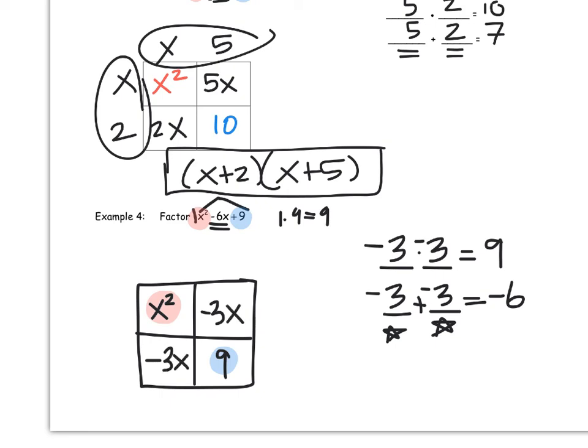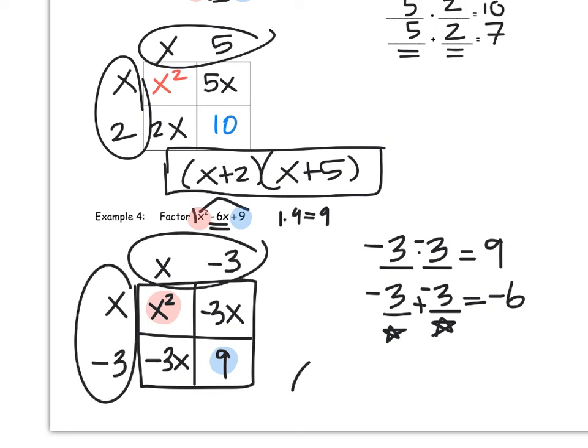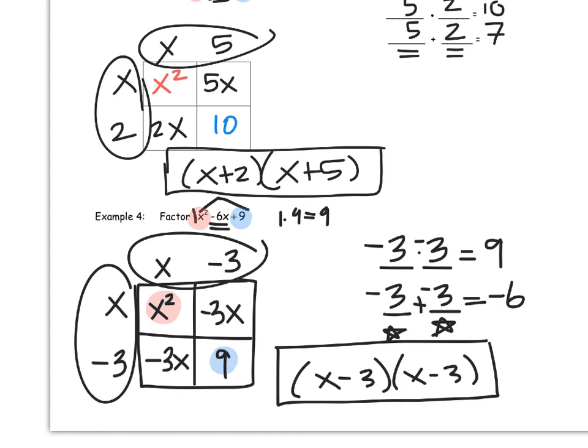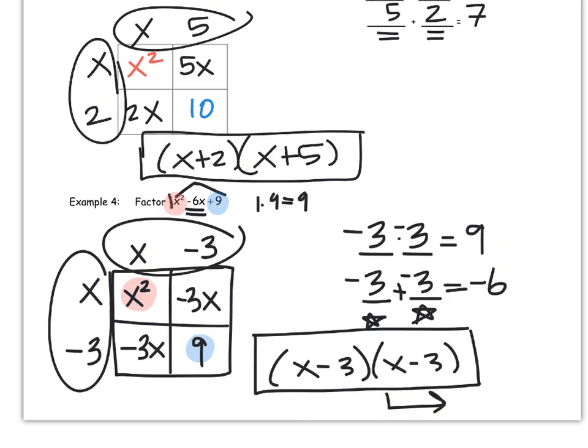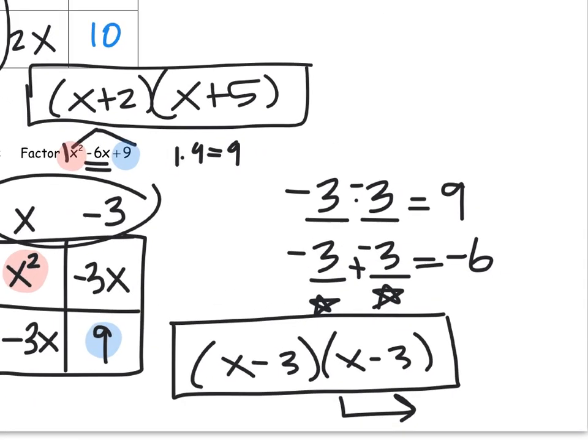Now you fill out the box, x and x. Negative 3 goes here, negative 3 goes here. These are my answers, x minus 3, x minus 3. Now, very often, this answer you could write differently. We know that x minus 3 times itself, you could just write this as x minus 3 squared. That means exactly the same thing.